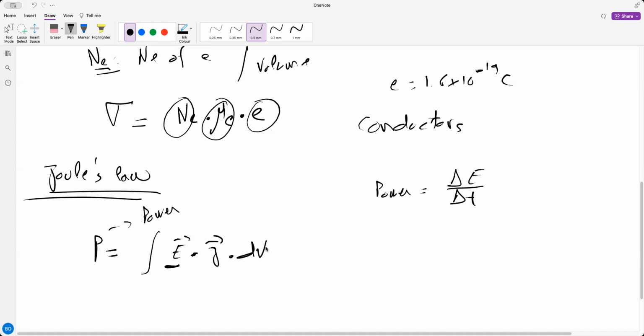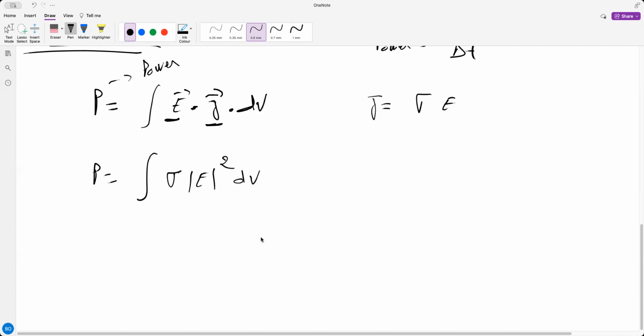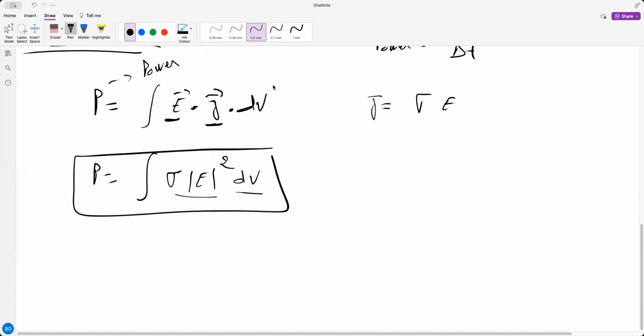We know that J is equal to sigma E, so if I replace J by its value, it will be equal to the integral of sigma times the magnitude of E squared. This is the definition of the power.